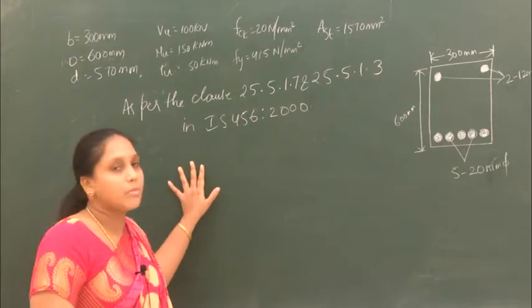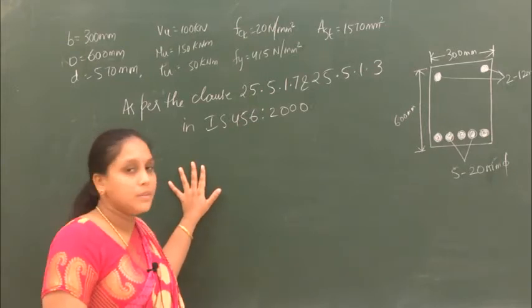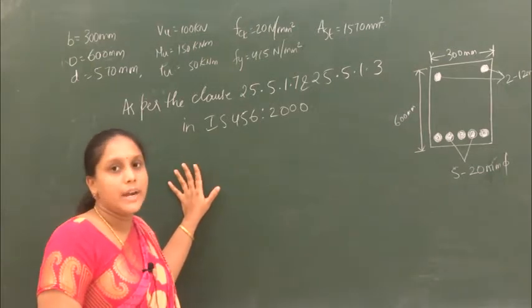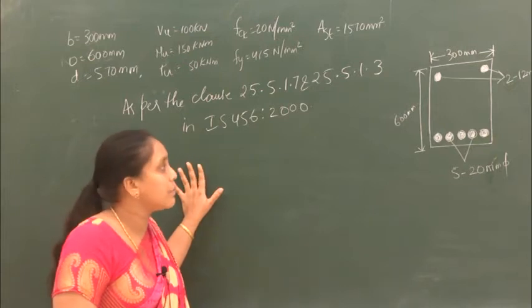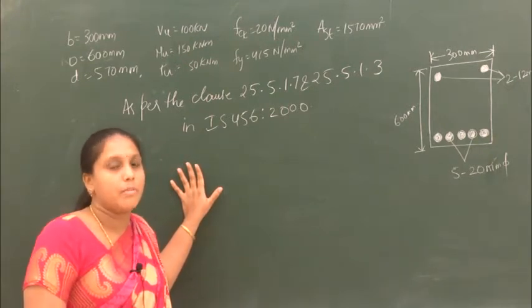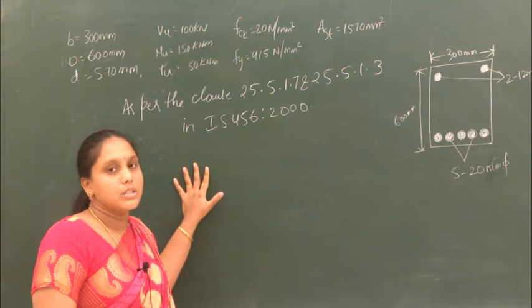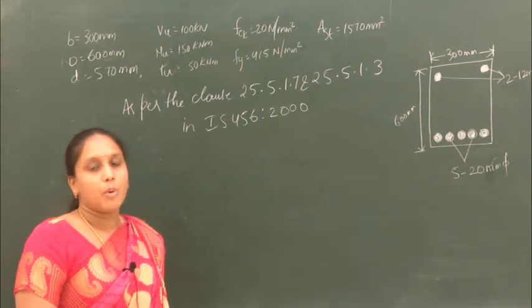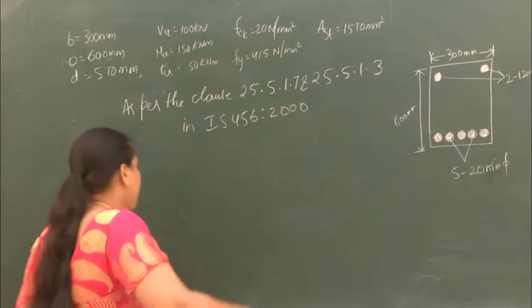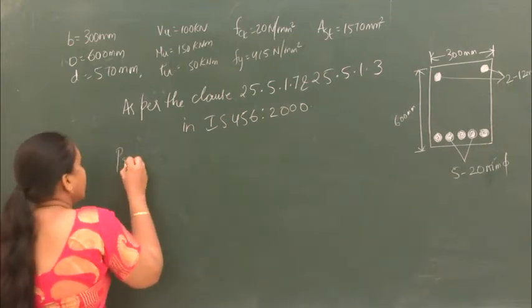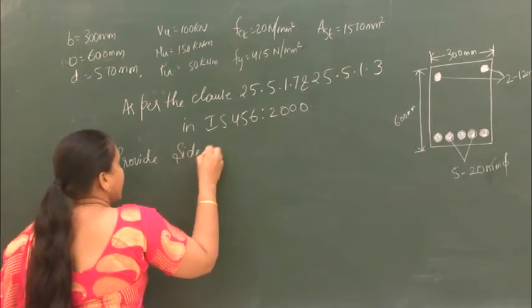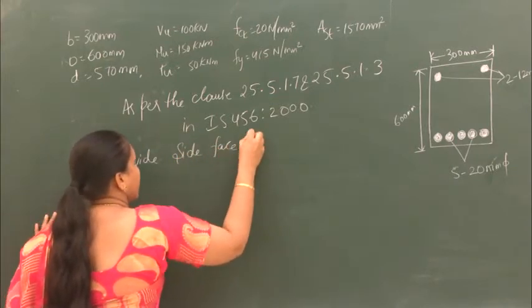What if the depth of the beam is more than 450 mm? Then we have to provide the side face reinforcement. Here the depth of the beam is more than 450 mm, is it or not? So for this reason, in this particular beam section we have to provide the side face reinforcement.